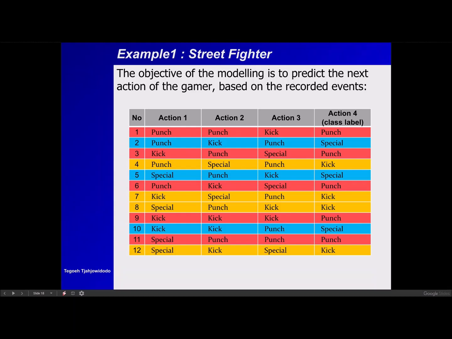So let's say the last action that I record is special, kick, special, kick. Okay, now my objective: I want to estimate what the fourth action will be, having known the first three actions, based on these 12 recorded sets that I have.